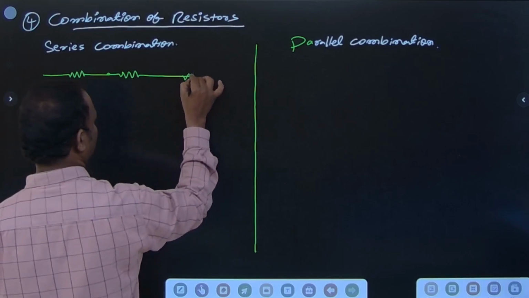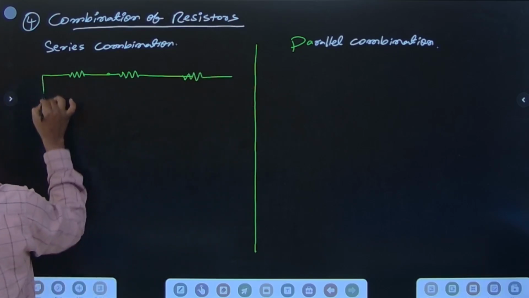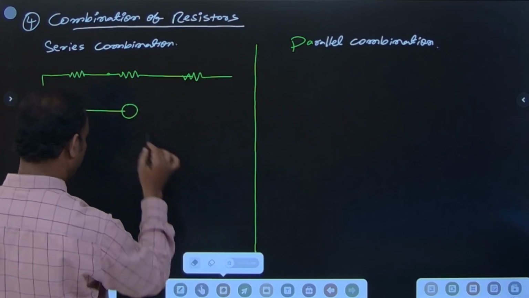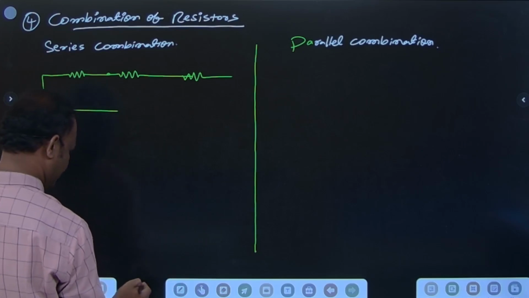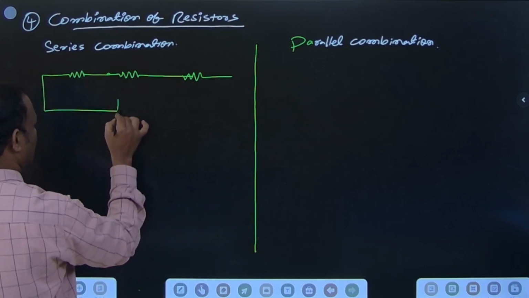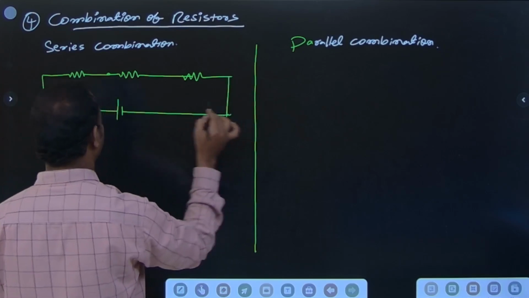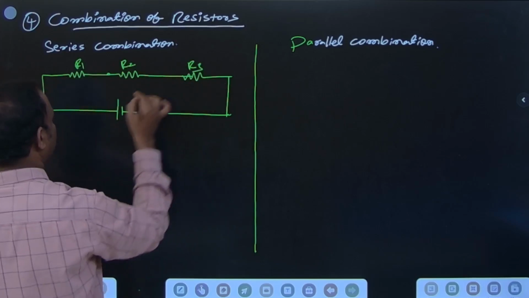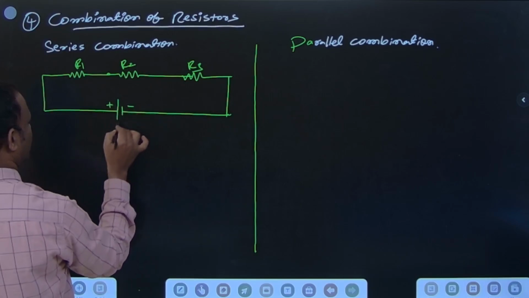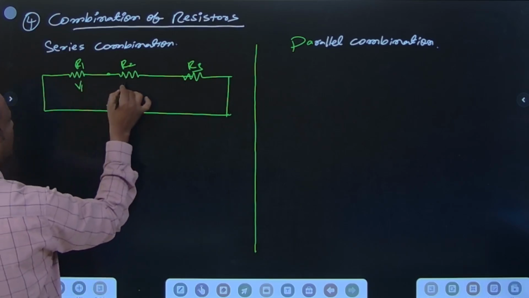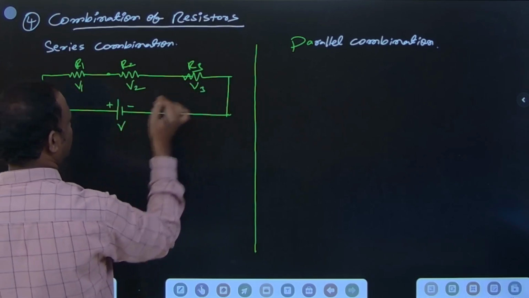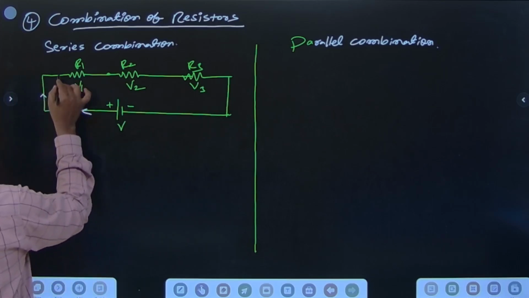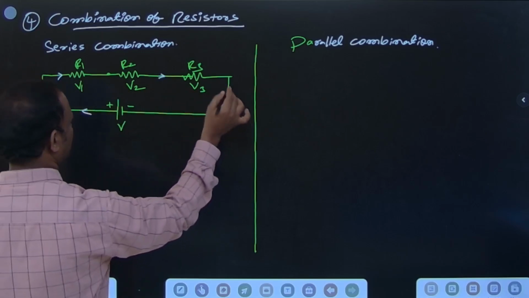A battery is connected and a potential difference is created across R1, R2, R3, with potential drops V1, V2 and V3. Current flows in this direction.